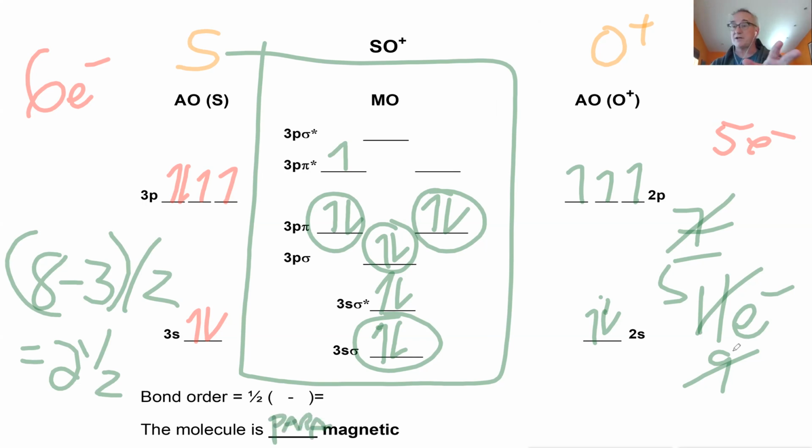Now, if you wonder why oxygen is paramagnetic, if we just substitute oxygen over there and oxygen over here, that would give us just one more electron, right? That would give us a total of 12 electrons rather than 11. And watch where that 12th one goes.